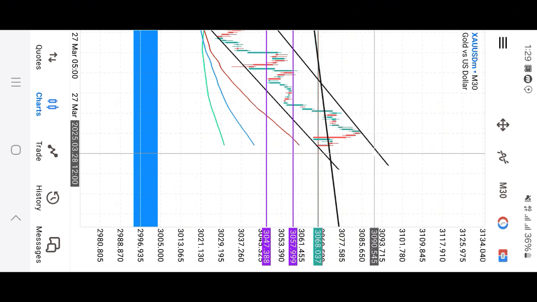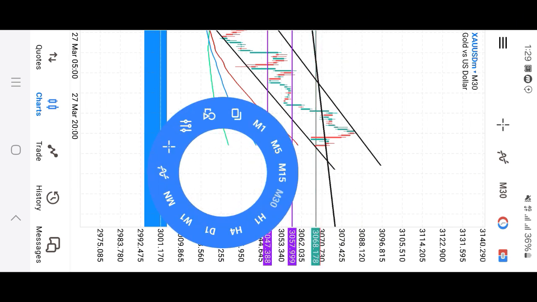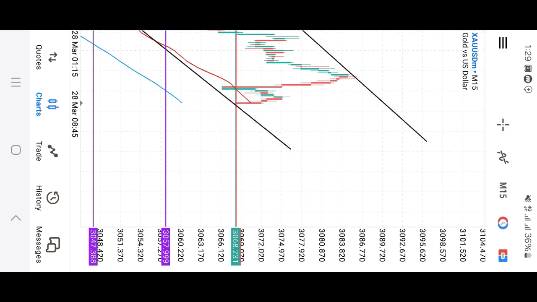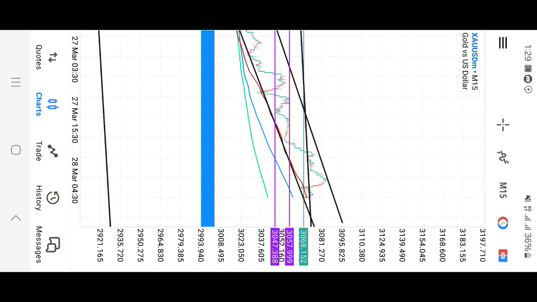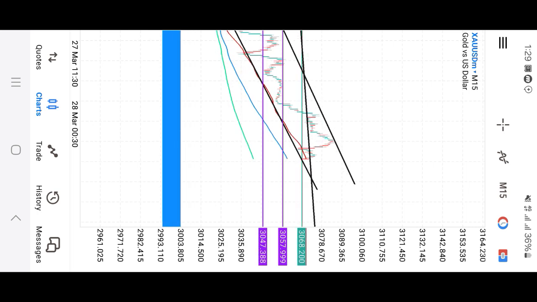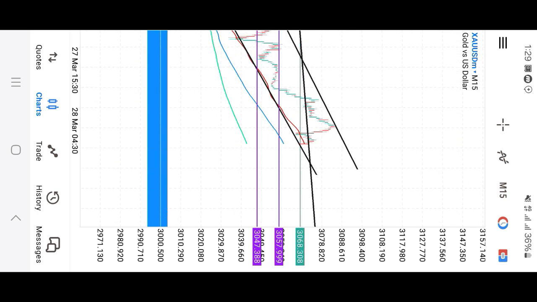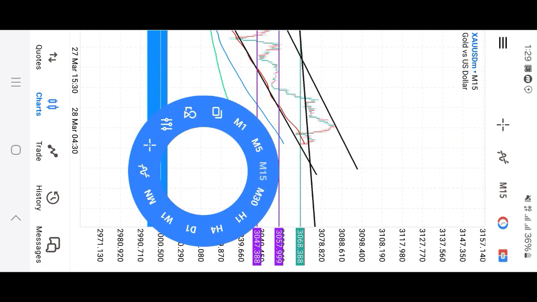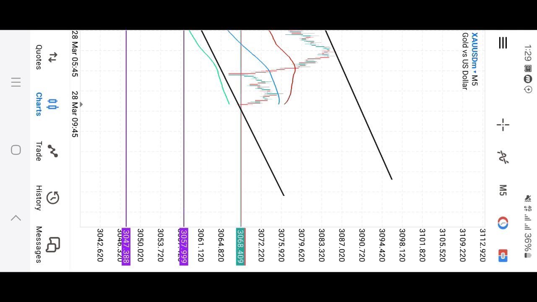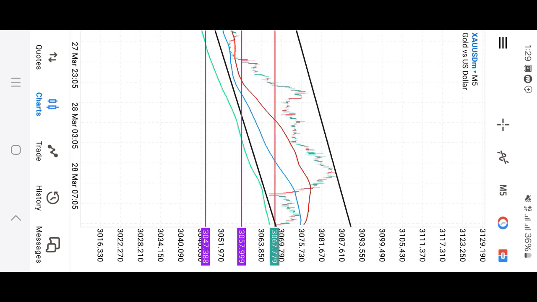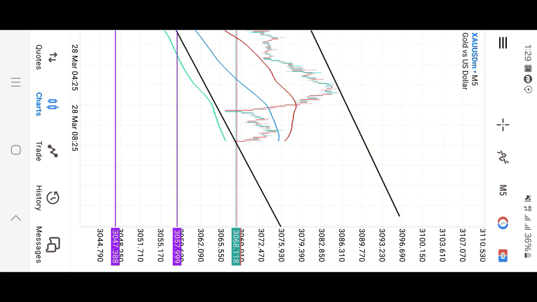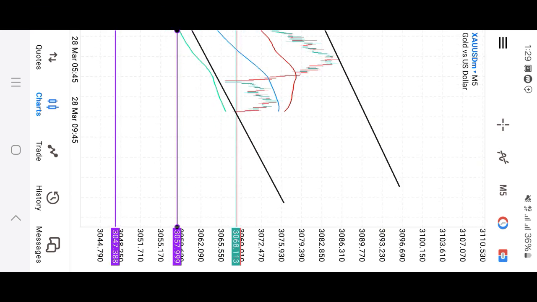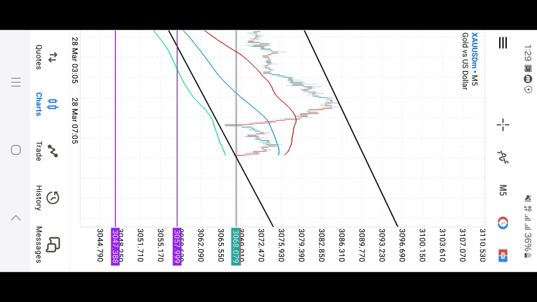So you all know my strategy, how I'm going to trade. It may go up or it may go down. So it's 15 minutes. Look at it, there may be rejection around here.